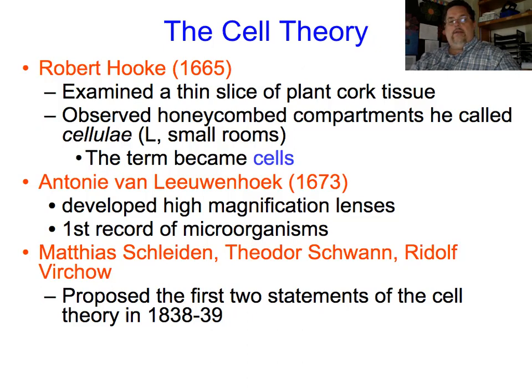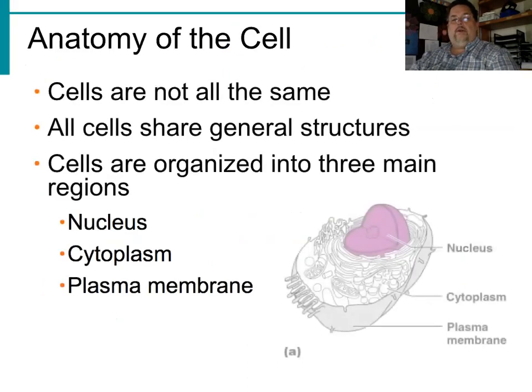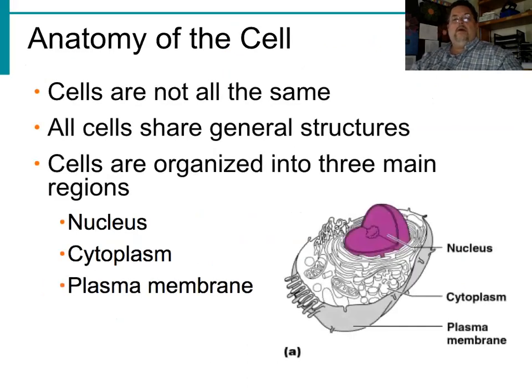So again, the cell theory is very important, and it started to come together around 1838 to 1839. Remember, this is still before the Civil War. So it's in some ways a long time ago, in some ways not very long at all, when we start to get the idea of what cells are.